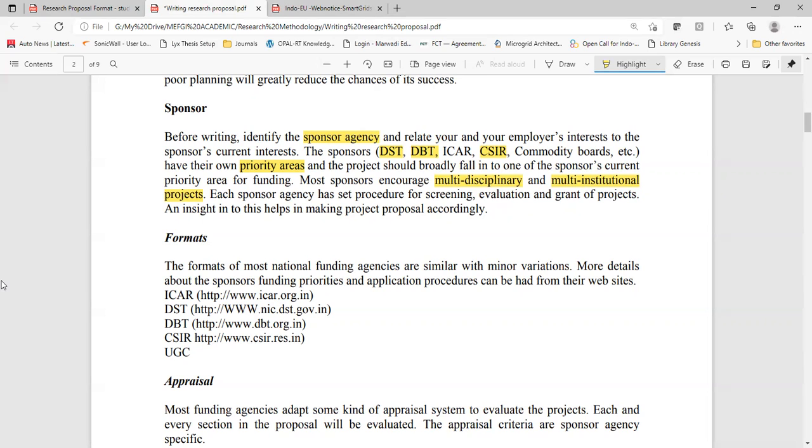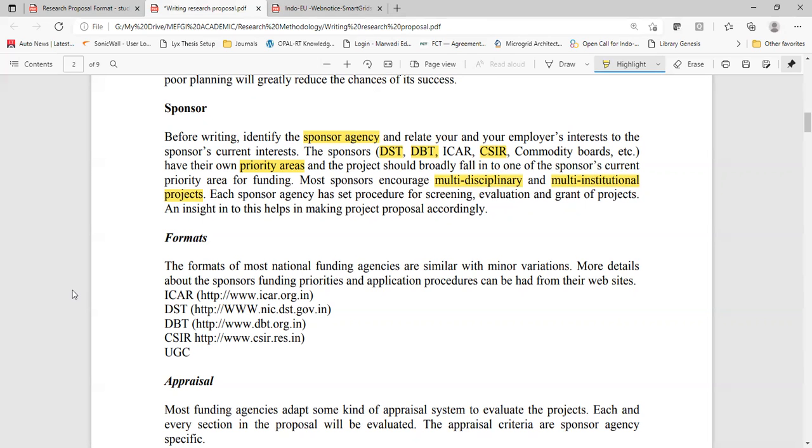So it has to be multidisciplinary. Many times you have to add aspects related to smart designs.